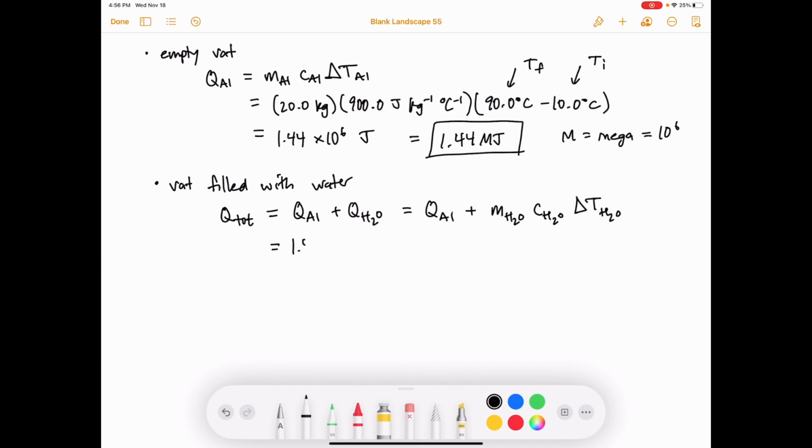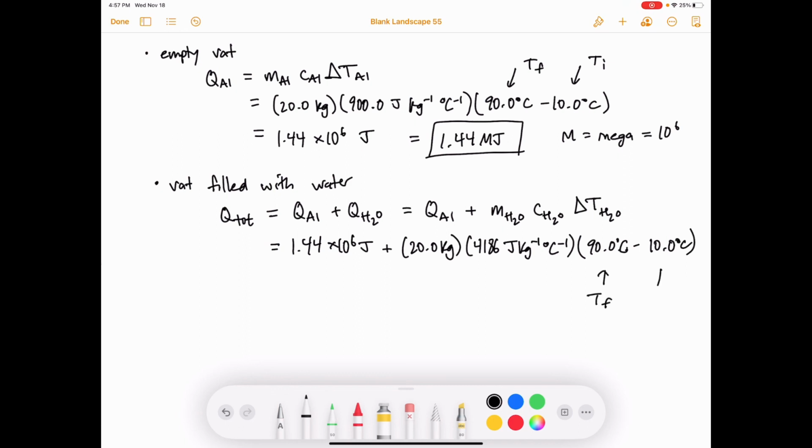We have 1.44 times 10 to the 6 joules for the aluminum, plus the mass of the water is 20 kilograms. The specific heat is 4,186 joules per kilogram per degree Celsius. And delta T is the same. We end up at 90 degrees Celsius starting from 10. So again, that's our T final minus T initial.